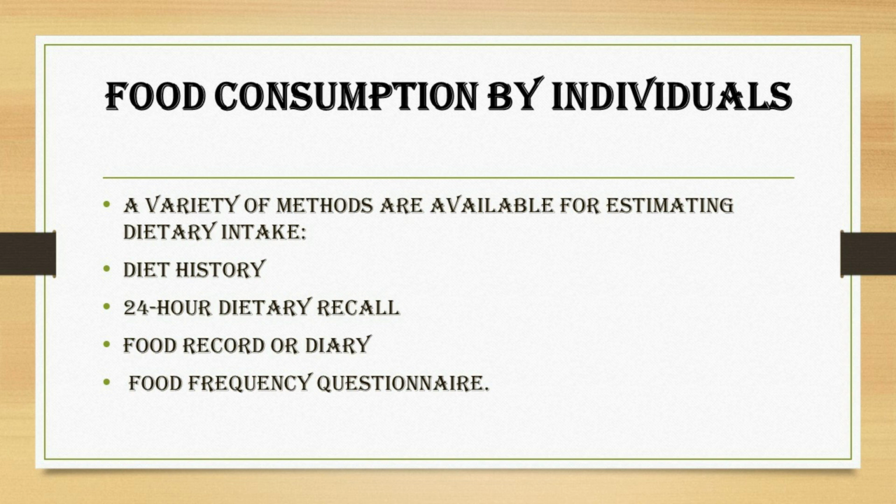Food records are considered the best method of assessing dietary intake, but they are time consuming and the results may not be accurate if subjects modify their eating habits during the time of the study.